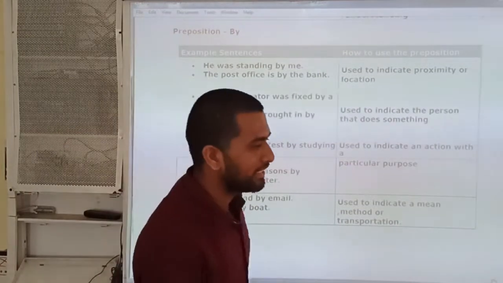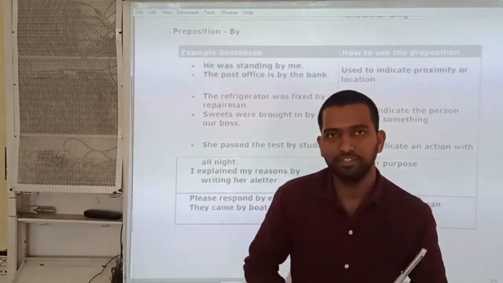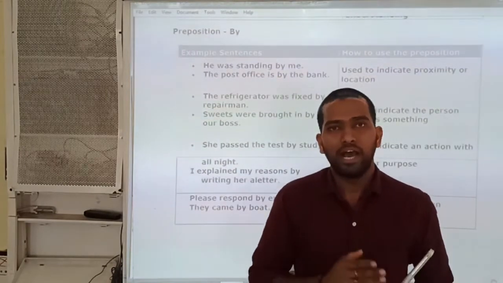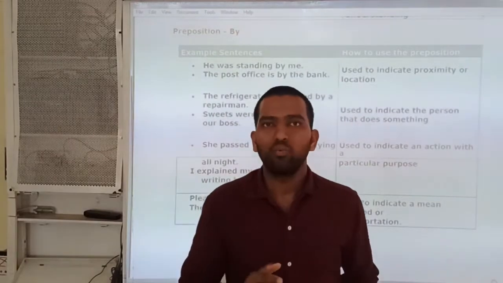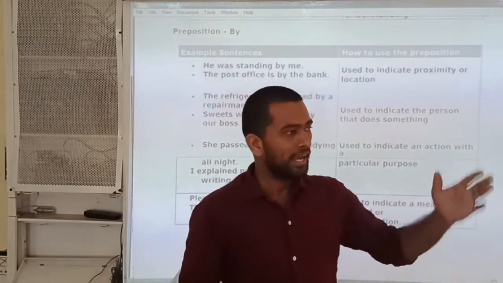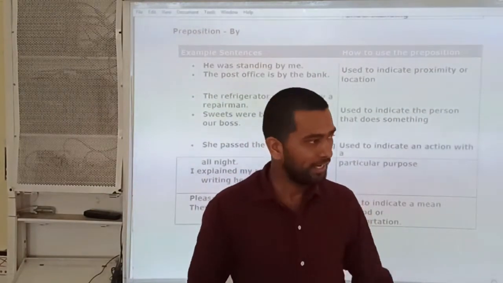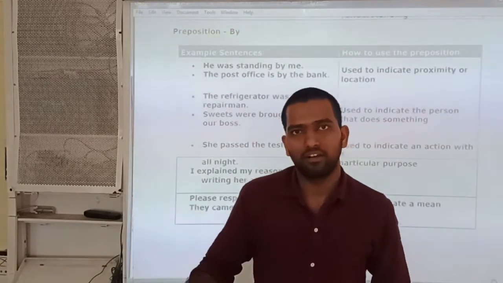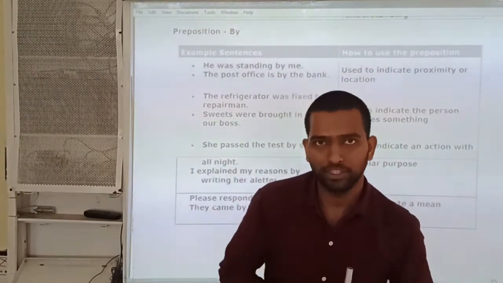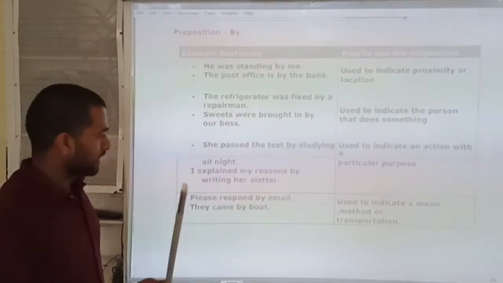Usually, when we mention a method of transportation, we use the preposition by. For example, I go to school by walk, he comes to school by bicycle, and our principal sir comes to school by car. So when there is a means of transportation, we use the preposition by. Is that clear?